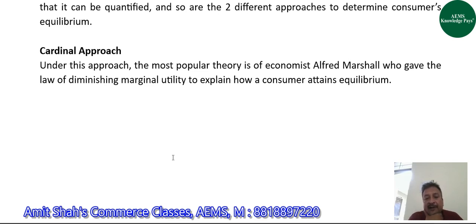Alfred Marshall believed that the level of satisfaction which a consumer obtains by consuming a commodity can be expressed numerically, can be expressed quantitatively.